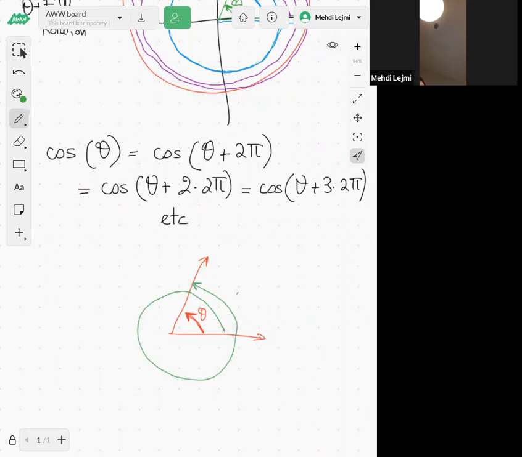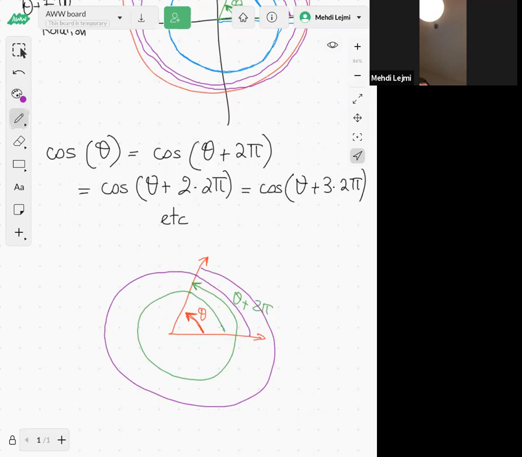So that's my theta plus 360 or 2 pi, and you come back to the same terminal side.